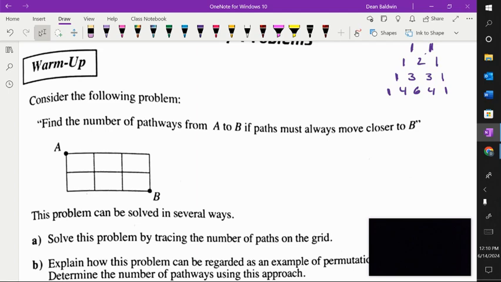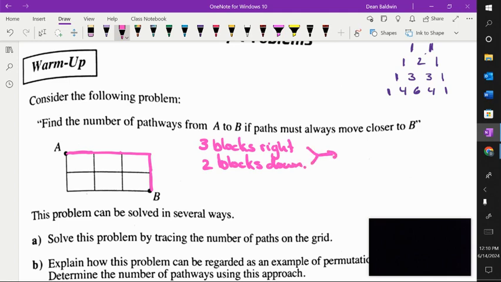We always have to move closer to A. We have to make 1, 2, 3 moves across, so three blocks right, and then 2 moves down, no matter which way we go. So if we thought of them as R, R, R, and 2 Ds for going down, how many ways can you arrange those?